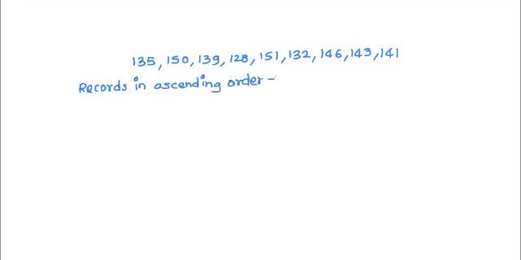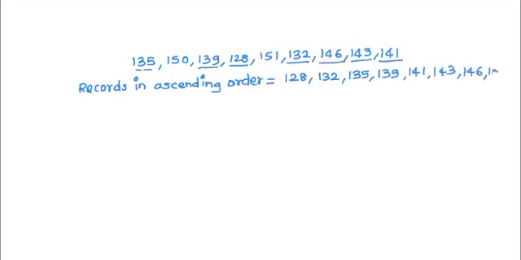So let's write the data given. Now since we need to find the height of tallest girl and height of shortest girl, what we need to do is we need to organize the data. So let's organize the data in ascending order. So records in ascending order are, once we order the data, now let's find height of the tallest girl.